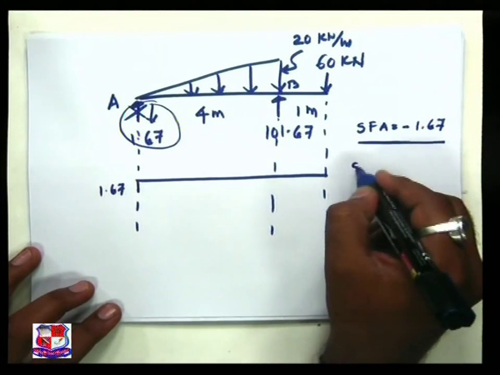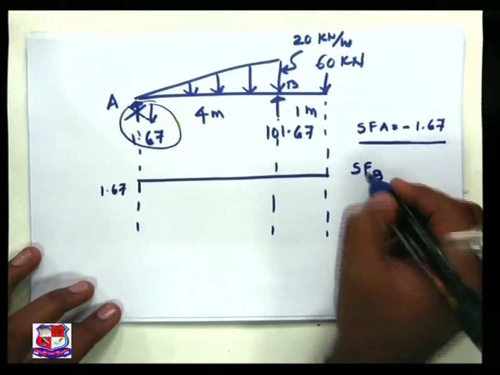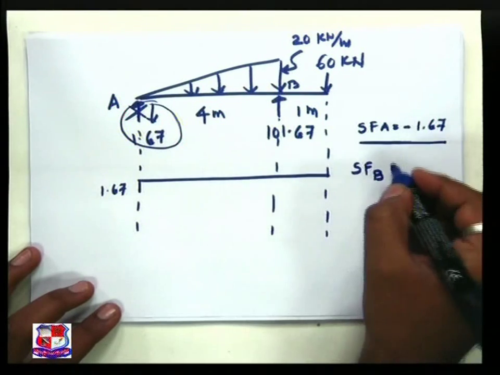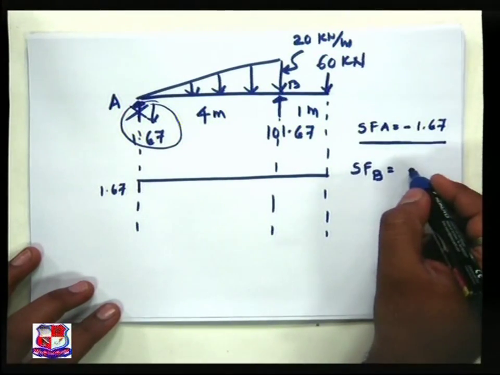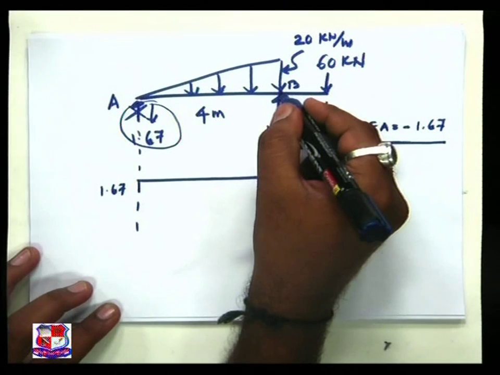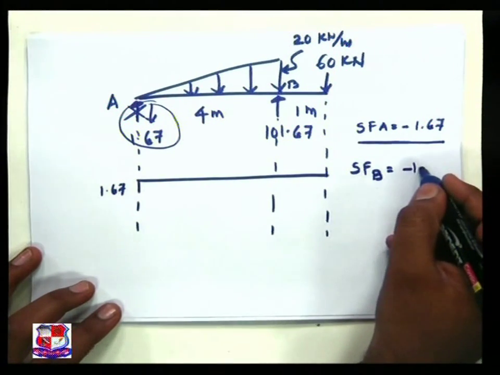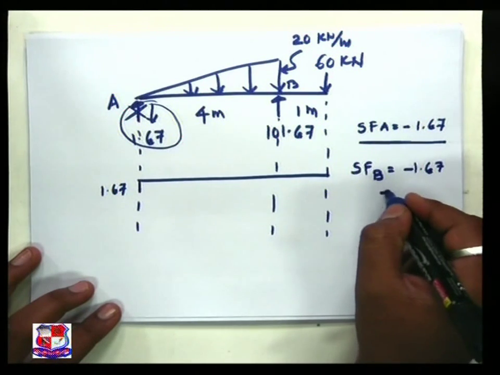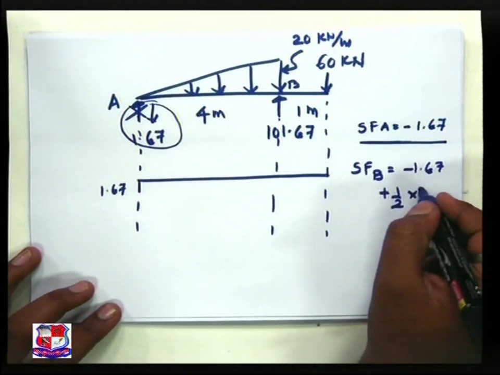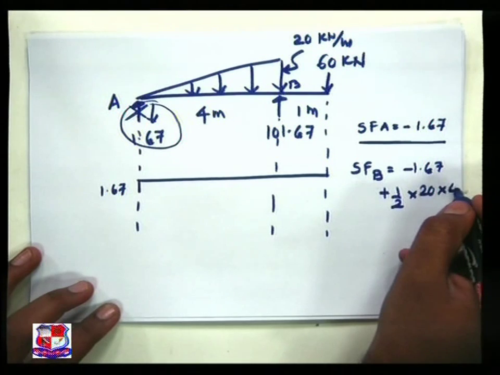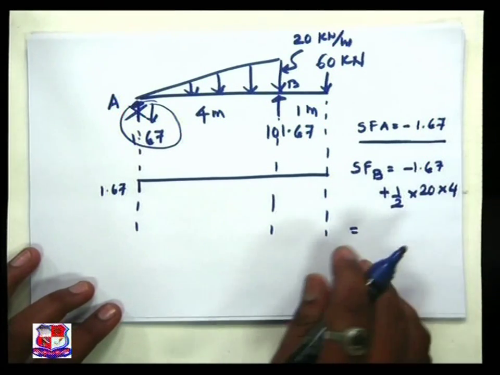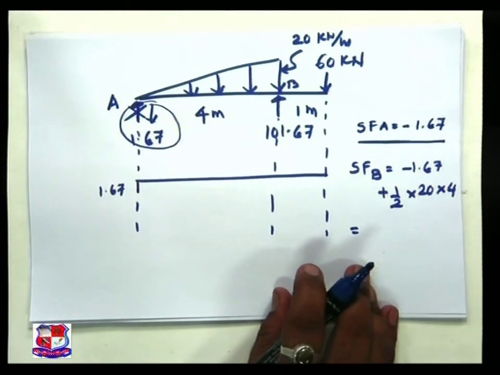Now the shear force at B is equal to, we have to find out over here. My intention is to find out the shear force at B. Minus 1.67 plus half into 20 into 4.